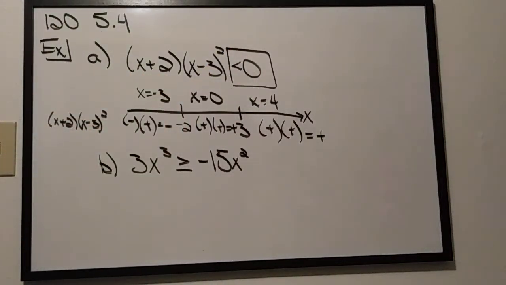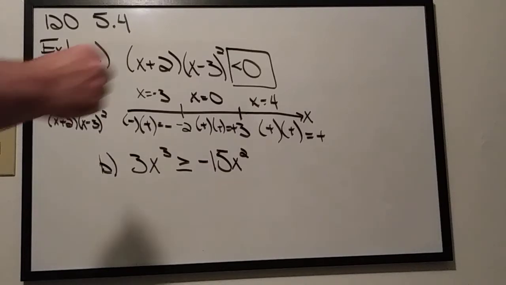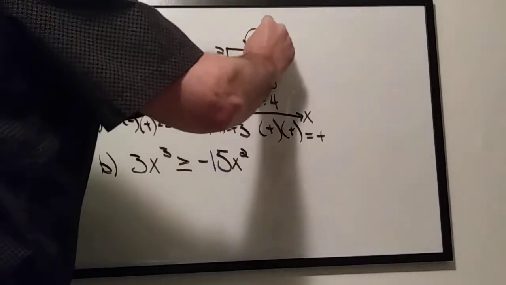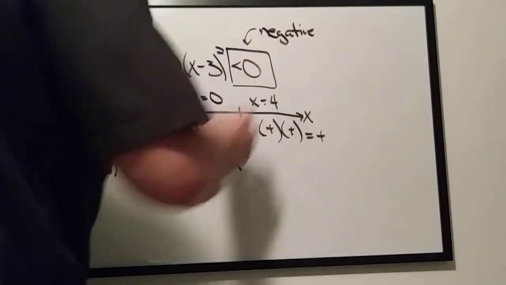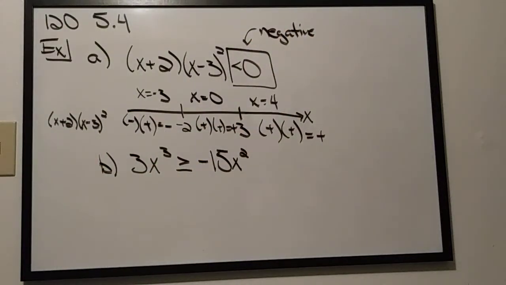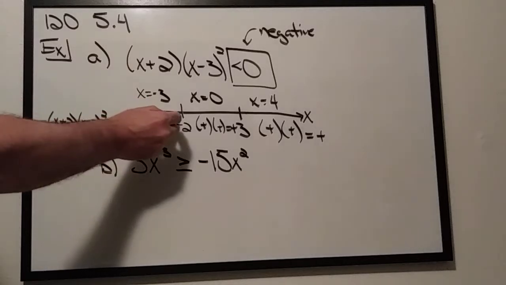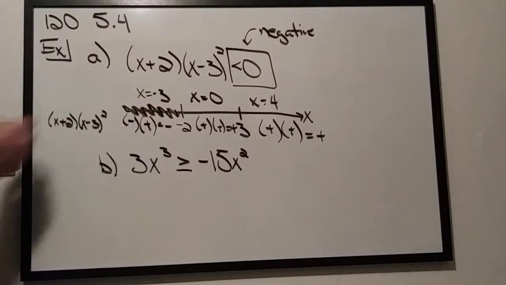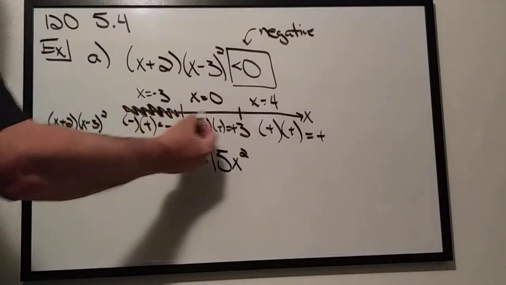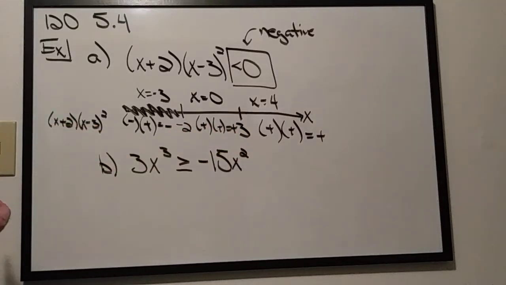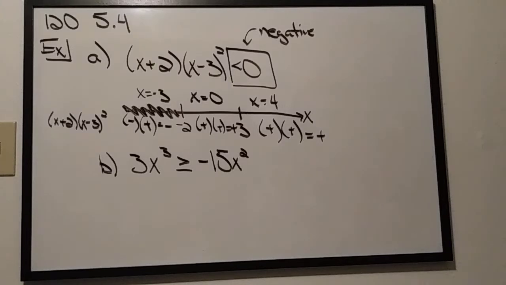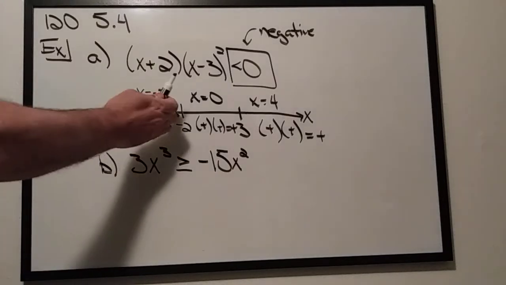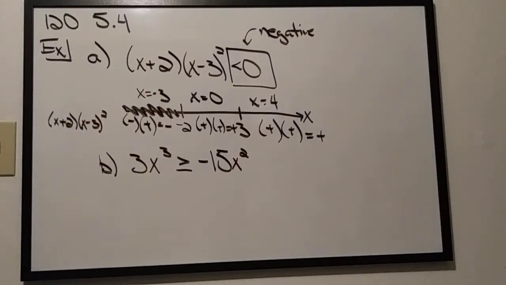Well, another way of saying less than 0 is that we're interested in numbers that are negative. So we want to find the regions on this graph where our y values are negative. So this is a region where our y values are negative. This region, the y values are positive. I'm not interested in that then. And this is a region where my y values are positive as well. So the only region that I'm interested in is this one to the left of -2.